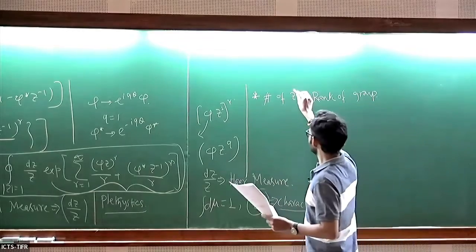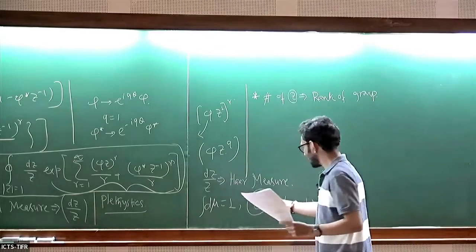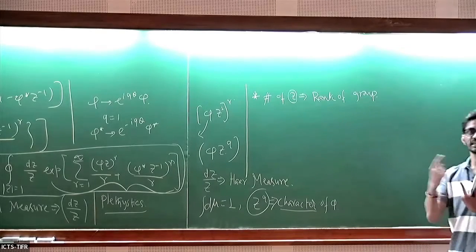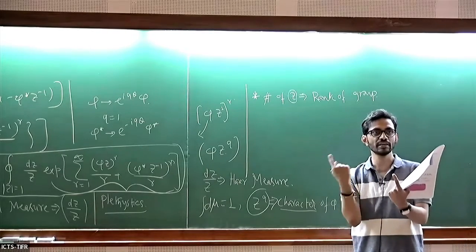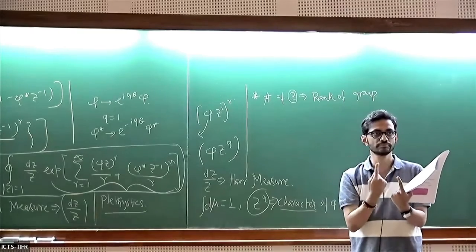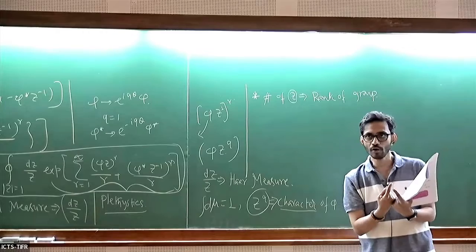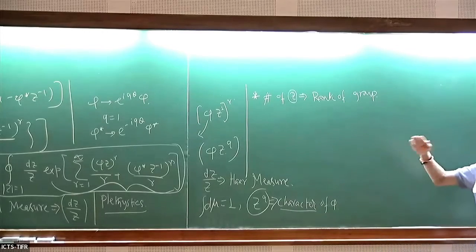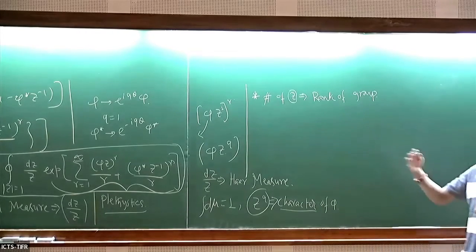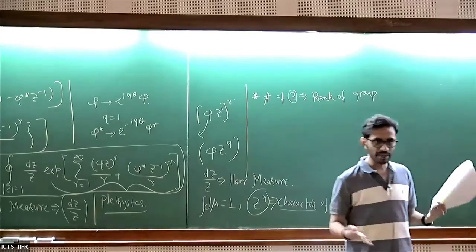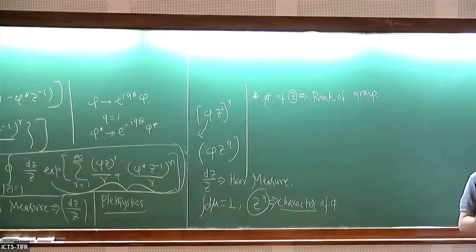And this z is a complex coordinate. Also, you can think of U1 as an abelian group. It's like a rotation, like e to the power i q theta, that is the rotation. Now we'll try to generalize this, because we are not restricting ourselves to only the abelian U1 symmetry.